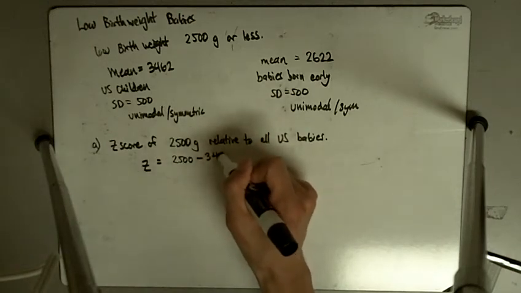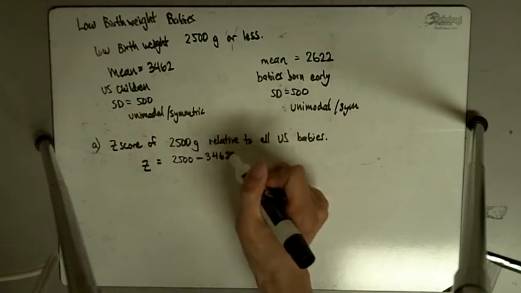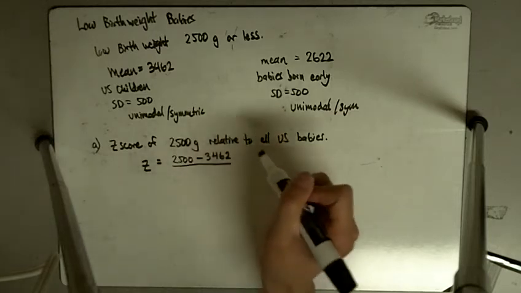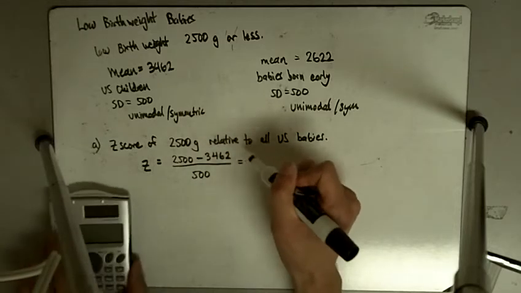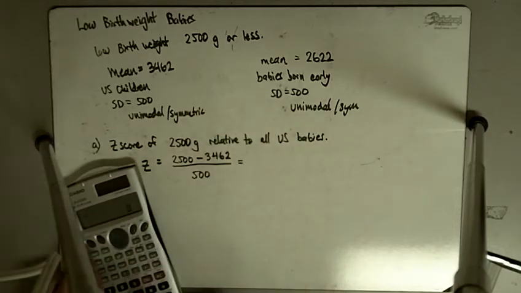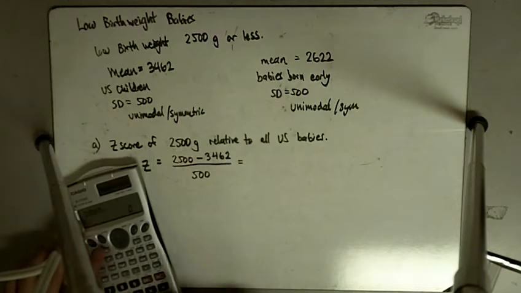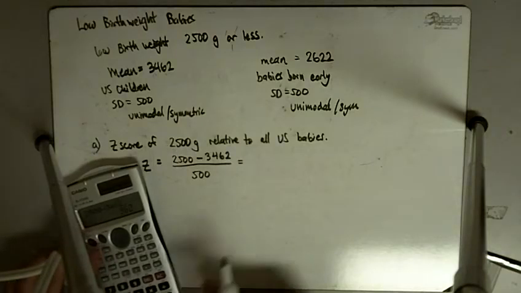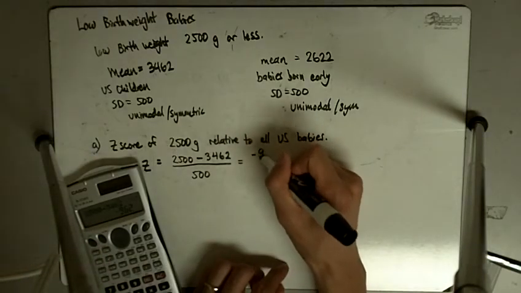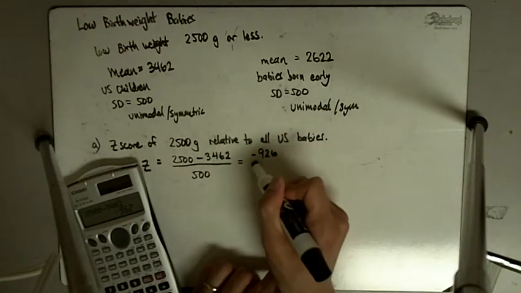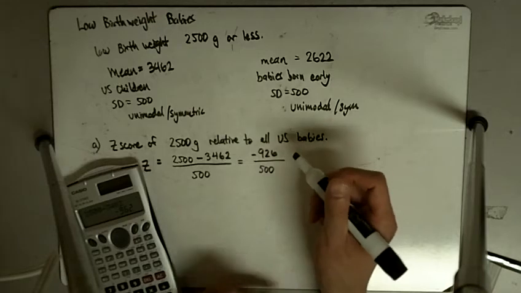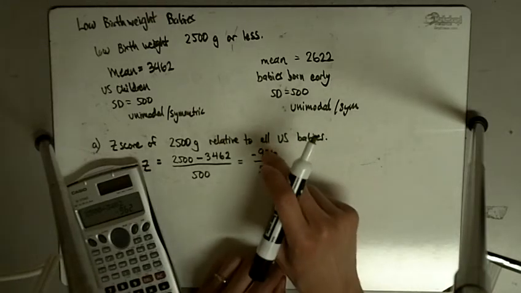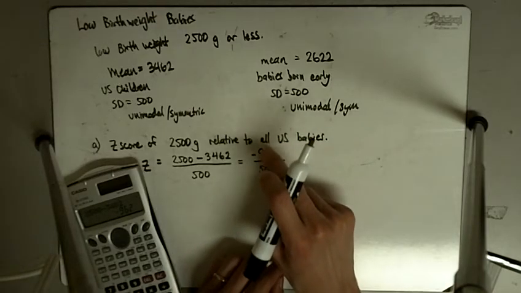So for a baby that's 2,500 grams, we have to figure out how far below the mean it is. The mean is 3,462, and each standard deviation is 500 grams. So 2,500 minus 3,462 tells me I am 962 grams below the average.